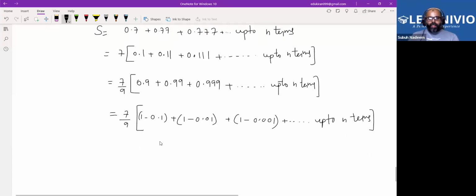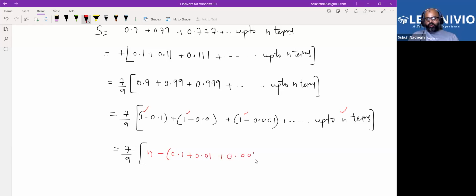Now, we can see that if we collect all the ones, one will be from here, then here, up to n terms. So we'll get n minus, then we have 0.1 plus 0.01 plus 0.001 up to n terms.